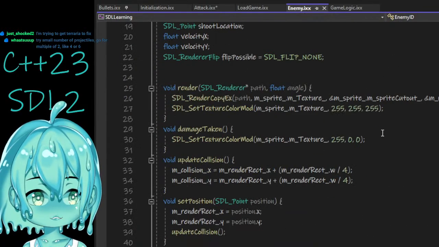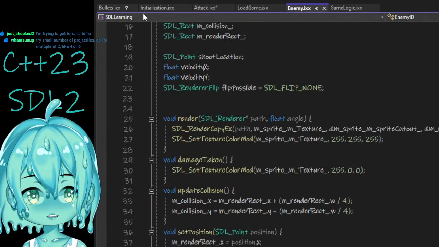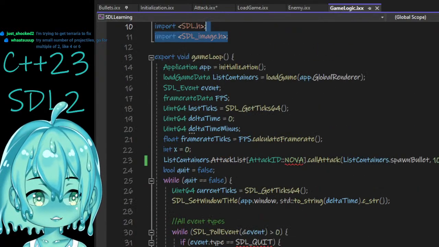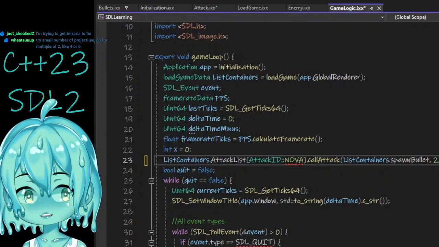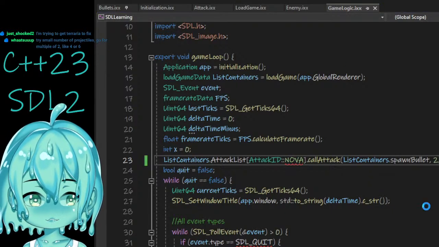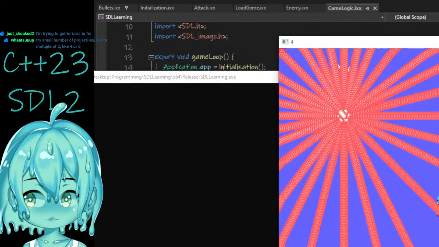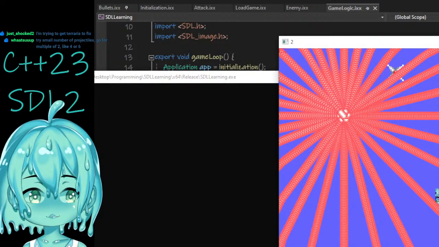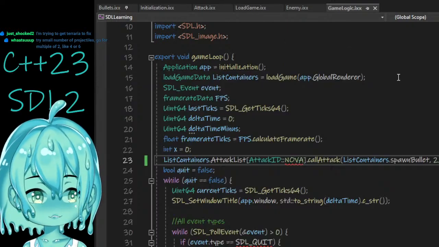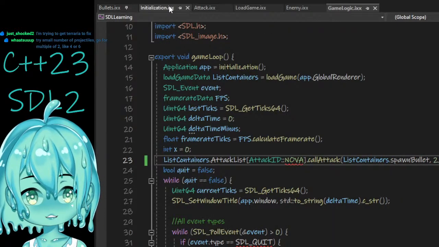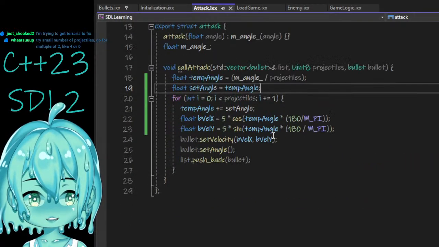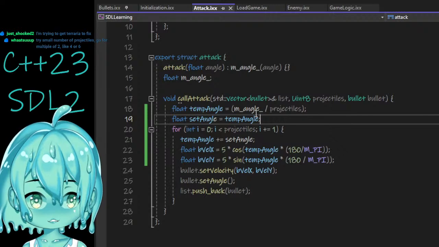Okay, well, let's try it. Under our game logic, all right, let's try shooting 2 bullets, which should shoot at 0 degrees and 180 degrees. Okay, I did something wrong. Hold on, what did I do? Why does 2 make this goofy?